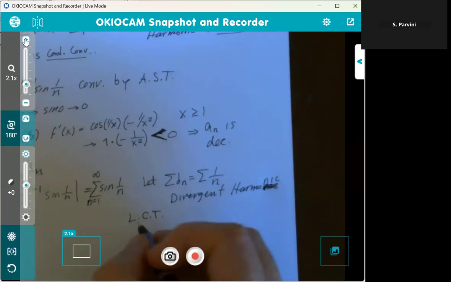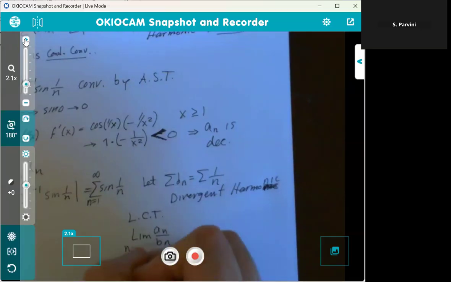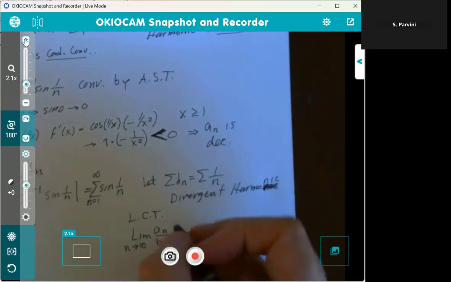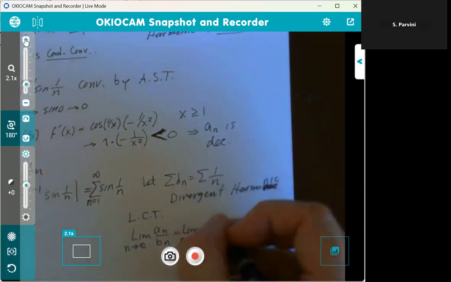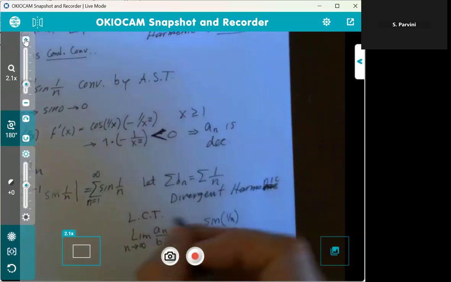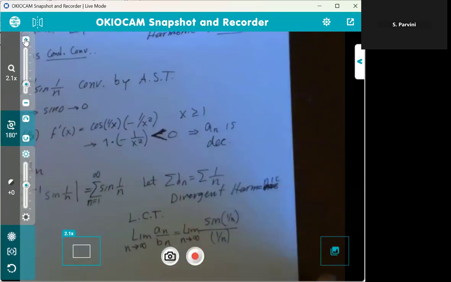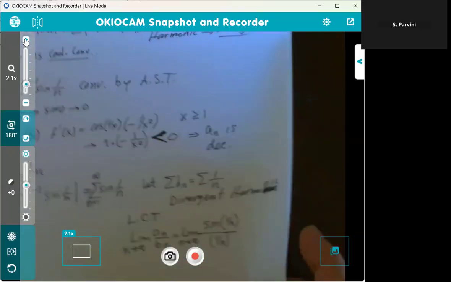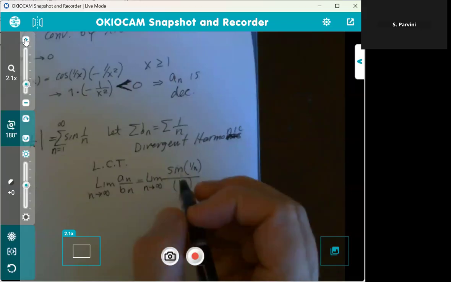We're going to do the limit of a_n over b_n as n goes to infinity. That's going to be the limit as n goes to infinity of a_n, remember, the original series, sine 1 over n, divided by 1 over n. Now this limit is one of the limits that we worked in first semester calculus.